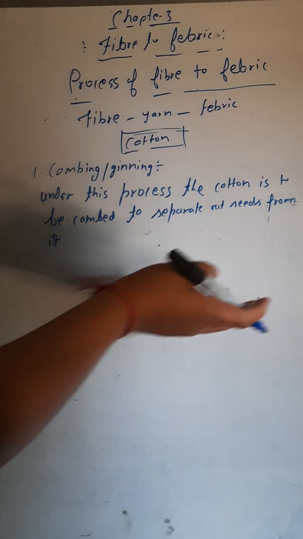So from the cotton we separate the seed. Okay, then we make the simple lint out of that. So this is the process of combing.